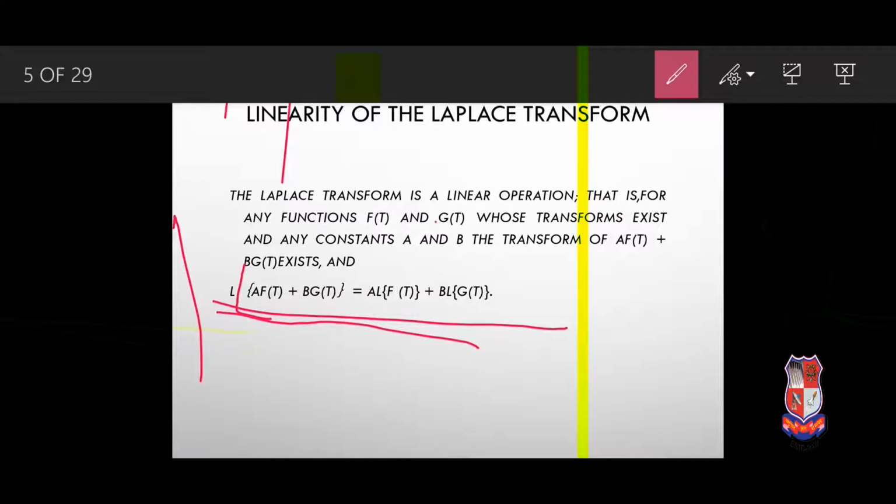By linearity of the Laplace transform, a and b work as constant terms, and we keep the constant terms outside and find the Laplace of the given functions f of t and g of t. Therefore, Laplace of a f of t plus b g of t is equal to a L of f of t plus b L of g of t.